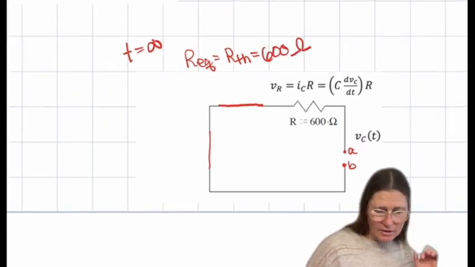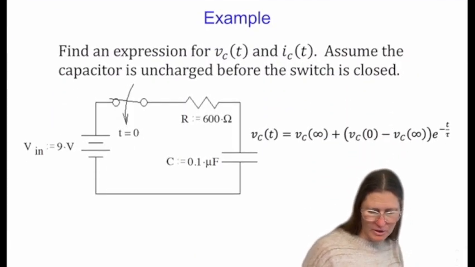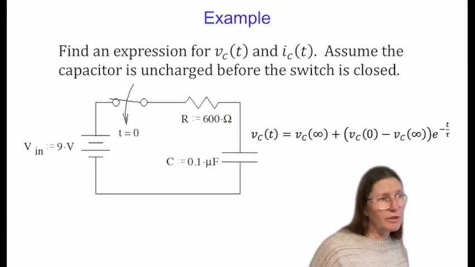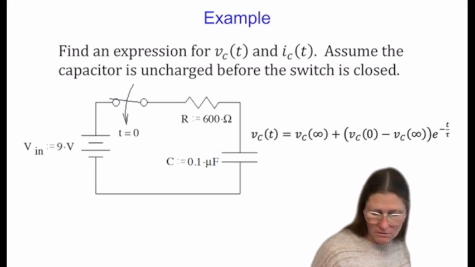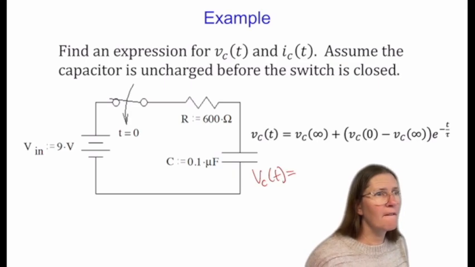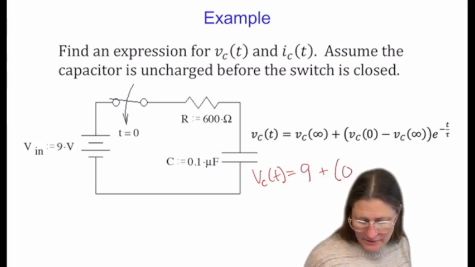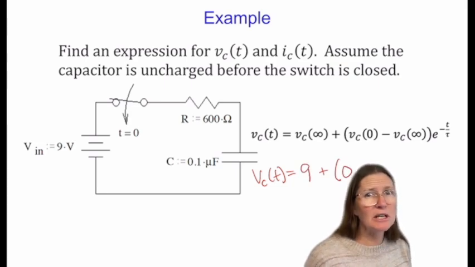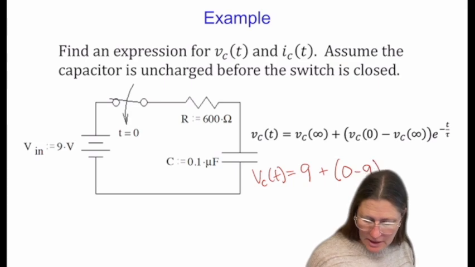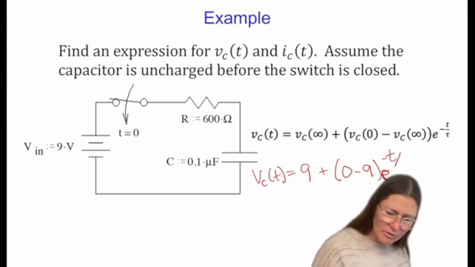So now I can write my general form equation. And what was VC at infinity? Correct, 9 volts. So I have 9 plus, and it was 0, remember in the very beginning, 0 minus 9, e to the minus t over tau.